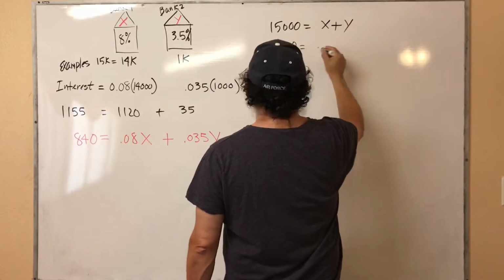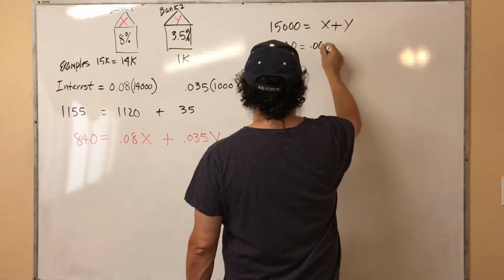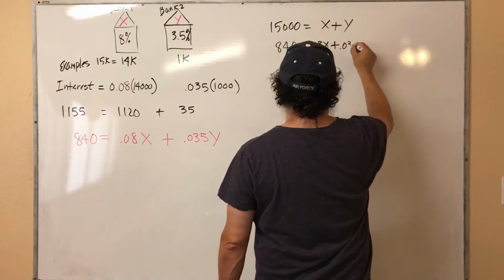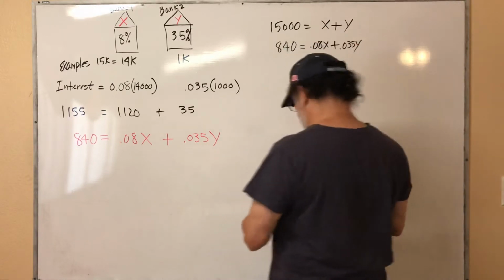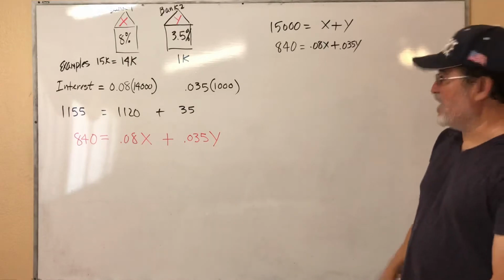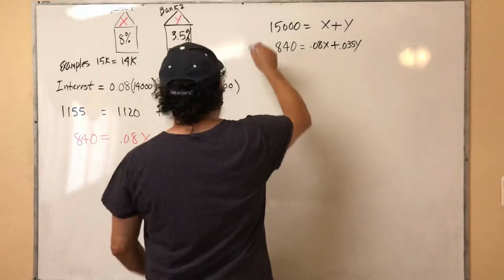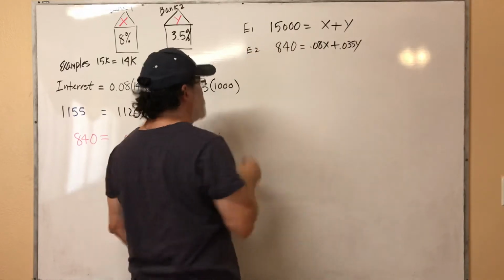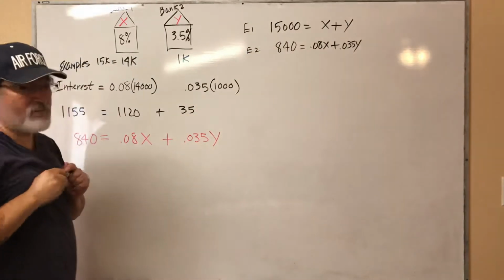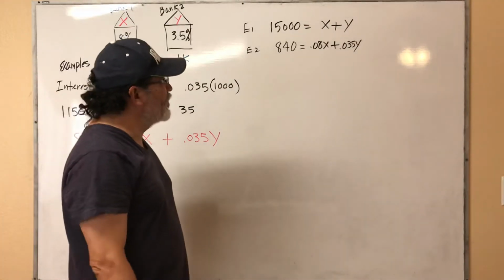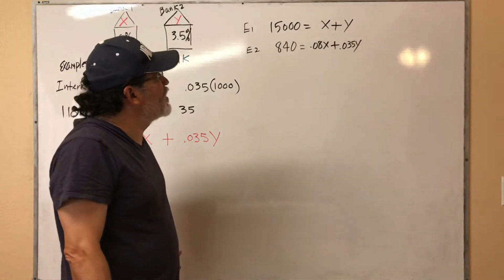equals 0.08x plus 0.035y. And now we're going to solve the system of equations. This is equation 1 and this is equation 2. Okay? Now, there's different ways to do this.